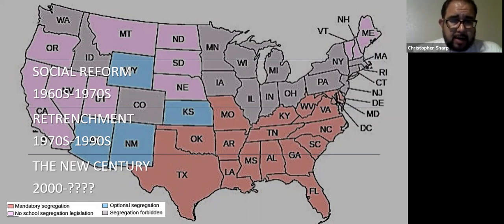And you can see that Arizona was an optional state. And then the states that forbade segregation, you see those primarily in the northeast. And some didn't actually deal with segregation in terms of any legislation around the topic.